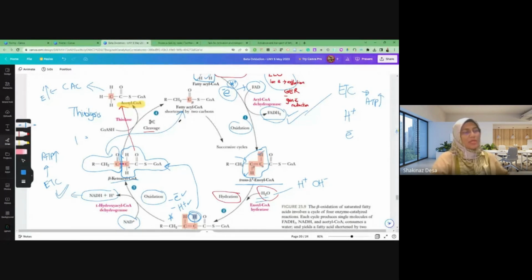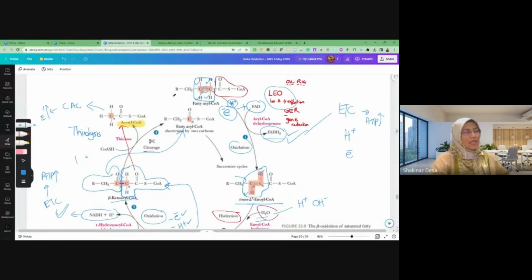If the initial is 18, just imagine 18 carbon, for example. So this is already 2 carbon, the remaining should be 16 carbon. Fatty acids, just imagine there are 18 carbon. First round, beta oxidation, it cleaves 2 carbon. 18 cut 2, becomes acetyl-CoA. Remaining is 16 carbon.